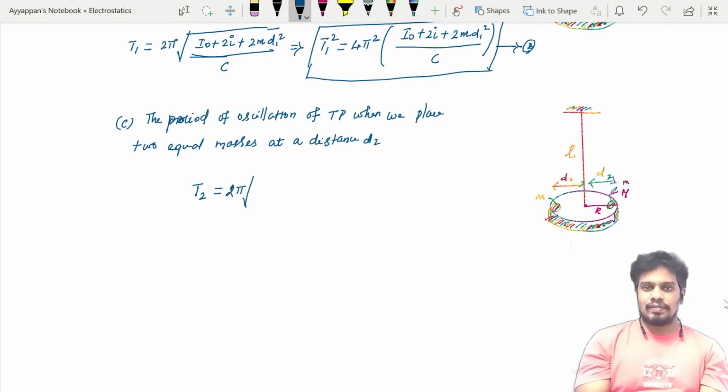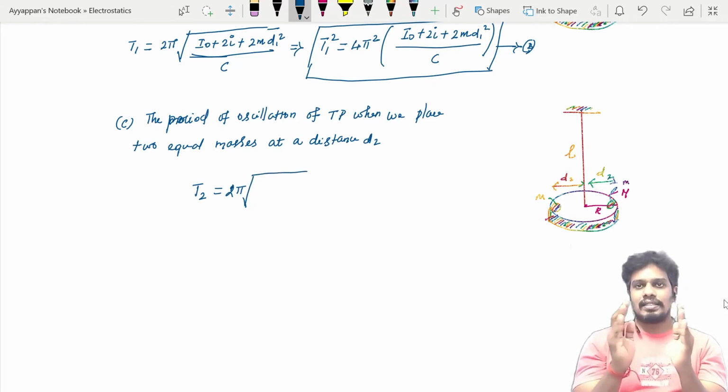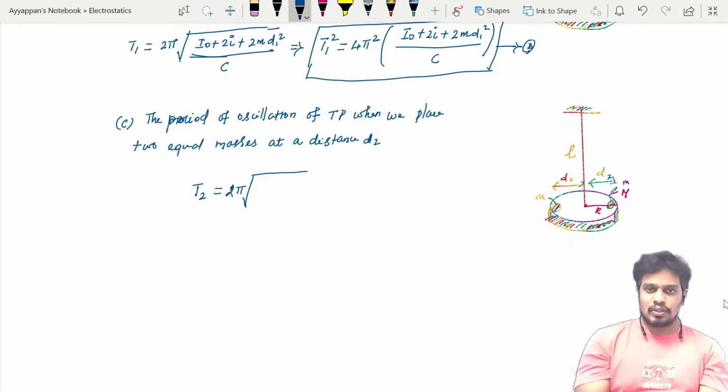Now for this configuration, the moment of inertia will be different because the distance has changed. So if you use the parallel axis theorem, the additional moment of inertia value will change. So it is I2 divided by C. What is I2 here?